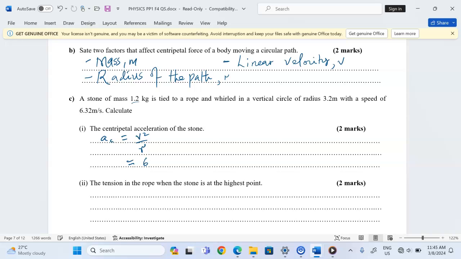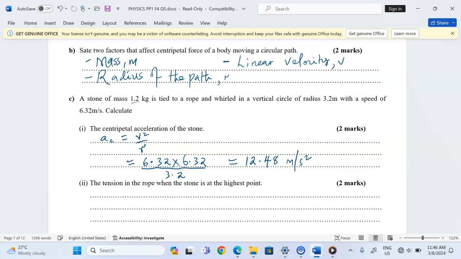Therefore, 6.32 times 6.32, then we divide this by the radius of the path, which is 3.2. This is going to be 12.48.